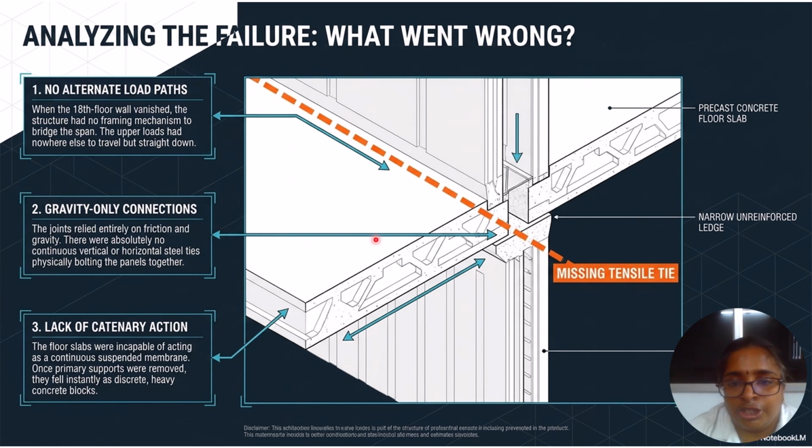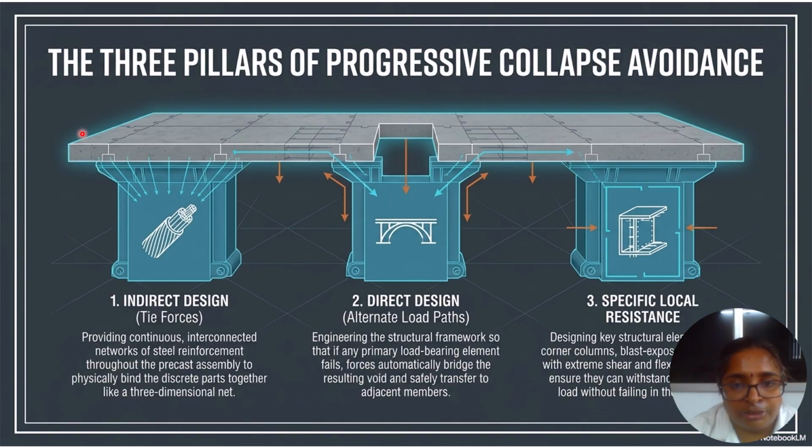So this shows the precast concrete floor slab, and this is the narrow unreinforced ledge, and the orange color indicates the missing tensile tie. The three prerequisites of progressive collapse avoidance.